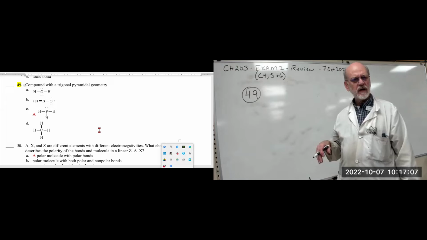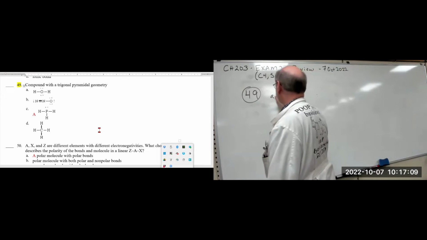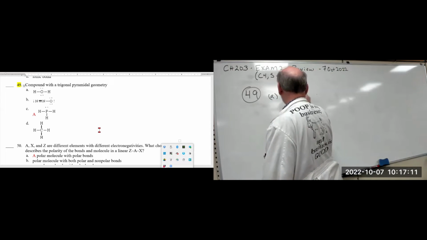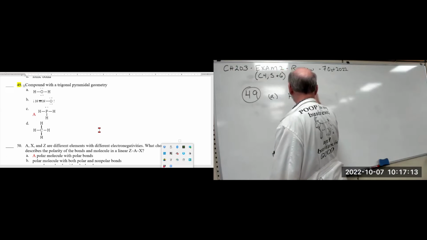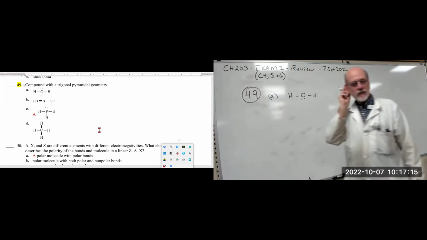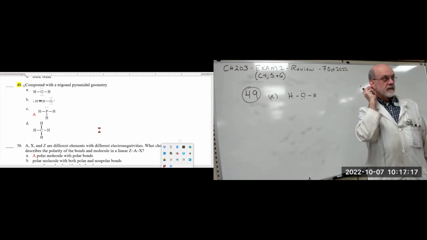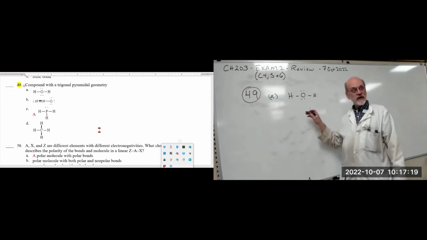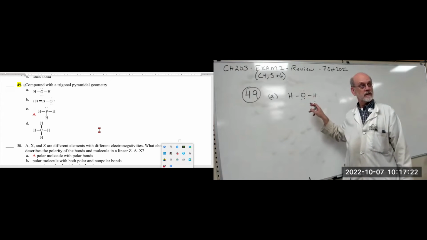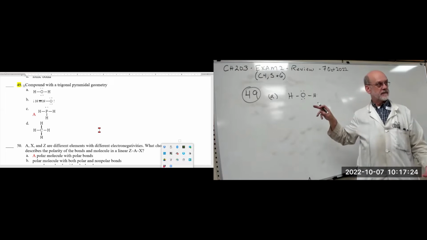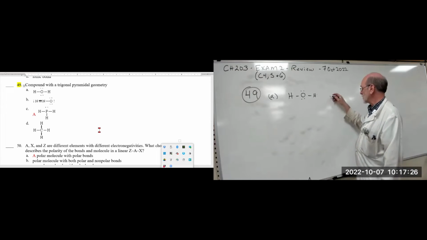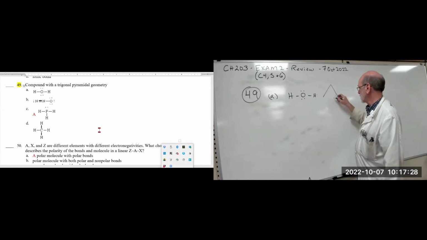Okay, the first one, H2O, we know that was water, right? We do this, this, this. That would be our Lewis dot structure, right? So how many groups do we have here? 1, 2, 3, 4. 4 means tetrahedron, right? So your tetrahedron would be like this.